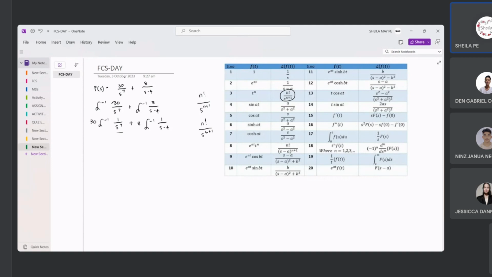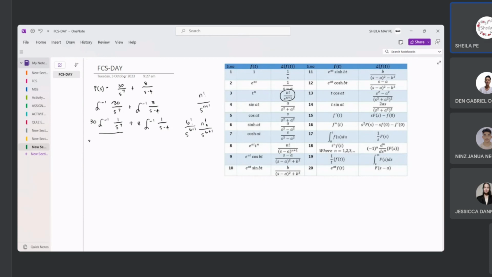In the numerator we should have n factorial, that should be 6 factorial over s raised to the power of 6 plus 1. But our inverse Laplace here is 1 over s raised to the power of 7.